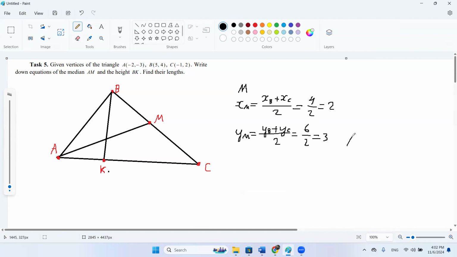So 3. So we found the coordinates of point M: 2, 3.